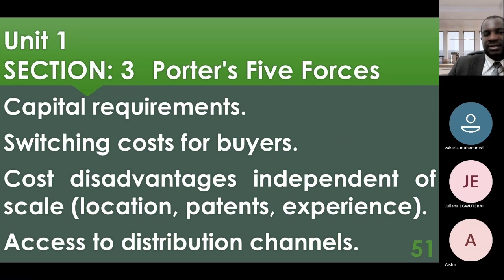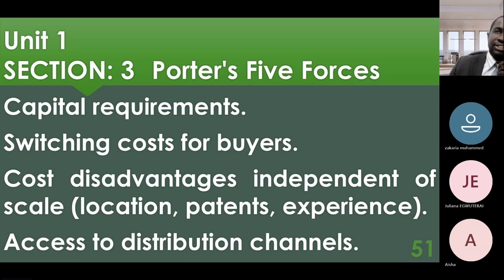Also capital requirements, the funds, and also switching cost for buyers. That's why they remain loyal to a particular brand. The switching cost may not be palatable for them. Also cost disadvantages independent of scale, the location, the patents to that product or services, and experience also determine it.